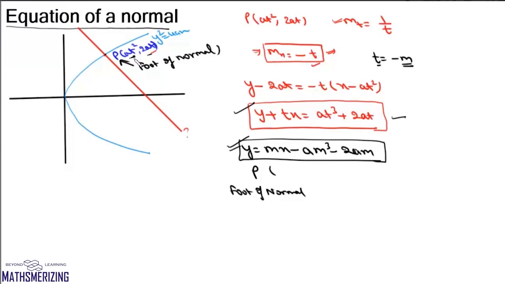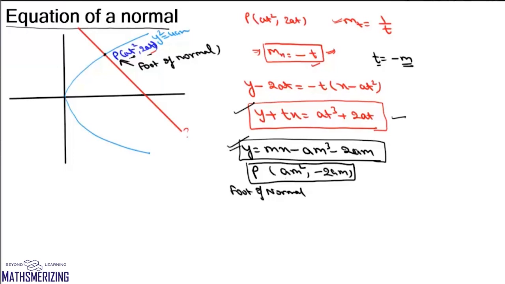So this point is (at square, 2at), and we can write this point as (am square, minus 2am). So if the slope of a normal is m, then the point from which this normal is drawn is given by (am square, minus 2am), and this point P lies on this given parabola, which is y square equals 4ax.